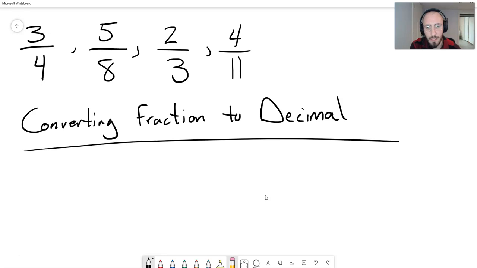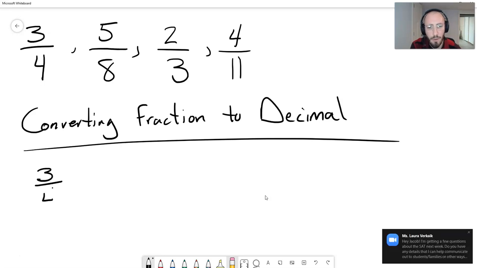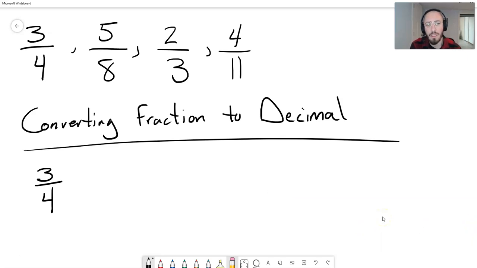So first let's take a look at the fraction 3/4. One thing that we can do is think about this 3/4 as a division problem, which it is. All fractions can be expressed as a division problem. So 3/4 is equal to 3 divided by 4.